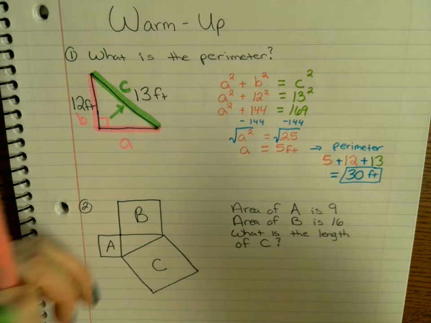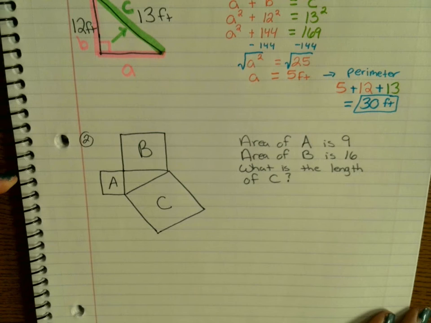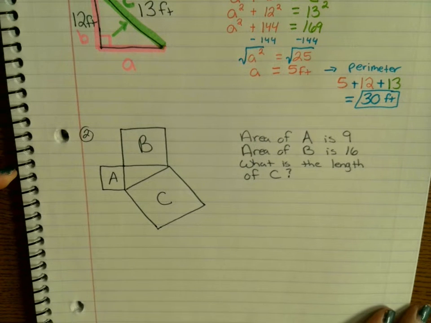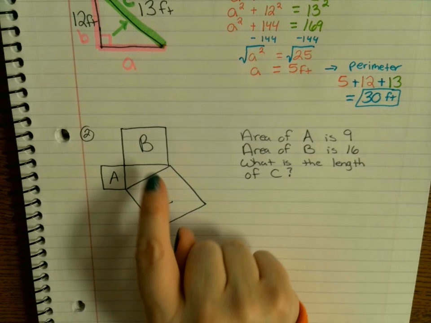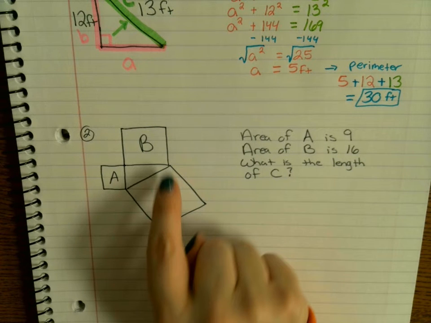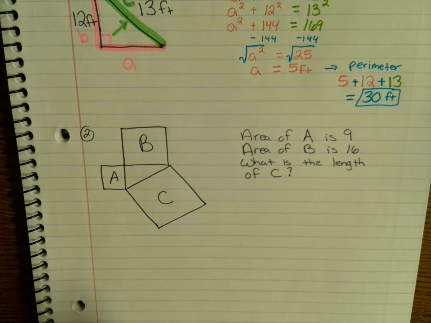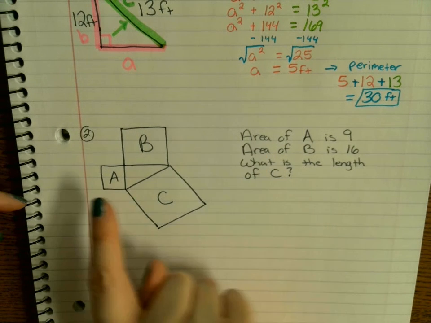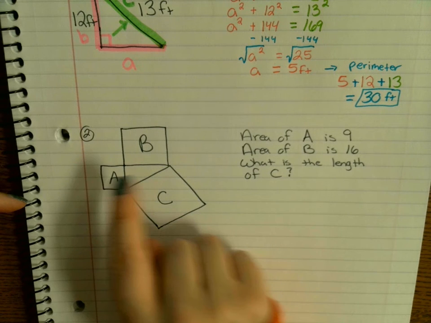Now for problem number 2. We have a right triangle that's formed here, and on the outsides of the triangle, we have these squares, these boxes, right? The area of A, the square, is going to be 9. The area of B is going to be 16.